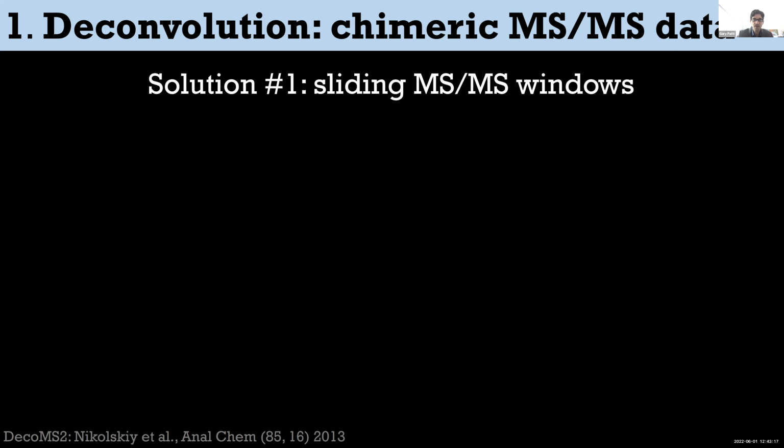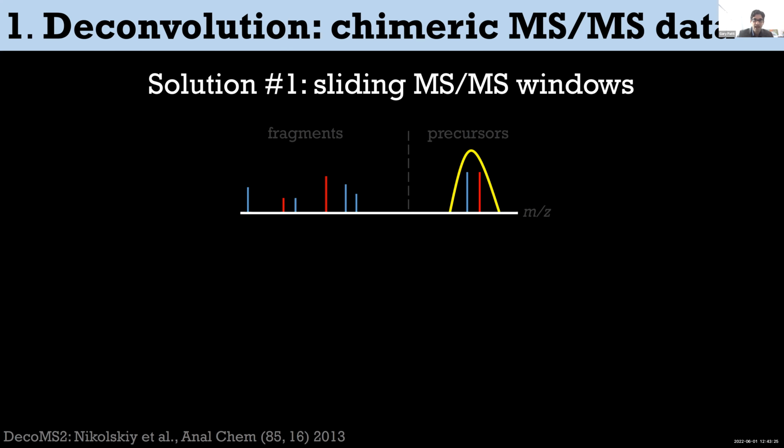The first solution that I will describe is by using what I refer to here as sliding MSMS windows. So let me give you a diagram of what I mean by that. What I'm plotting here is an MSMS spectrum. This is a chimeric spectrum. We have the precursors on the right-hand side of the spectrum and the fragments on the left-hand side.